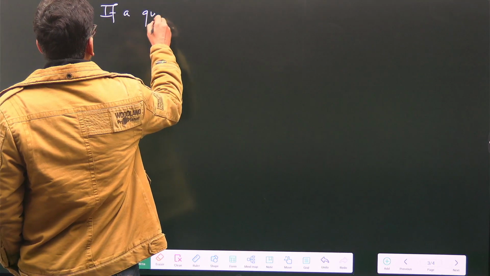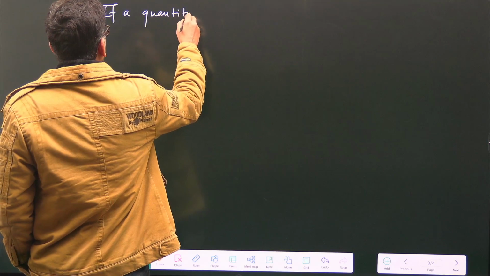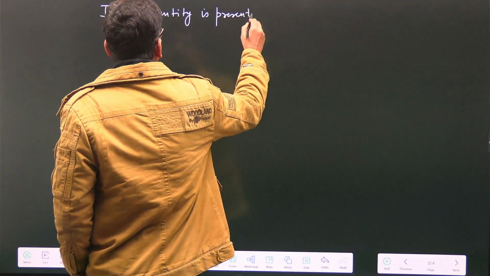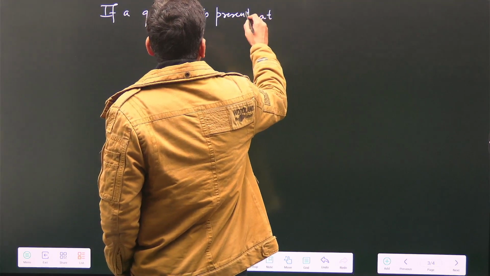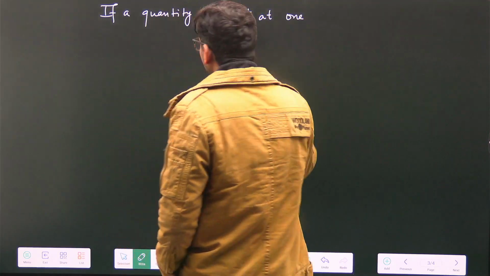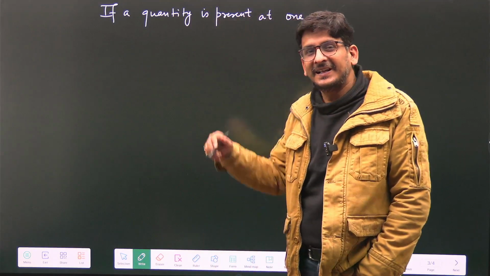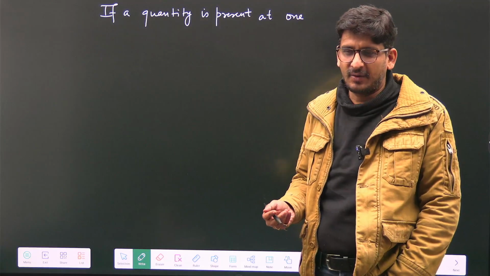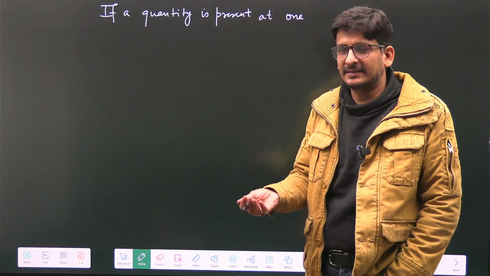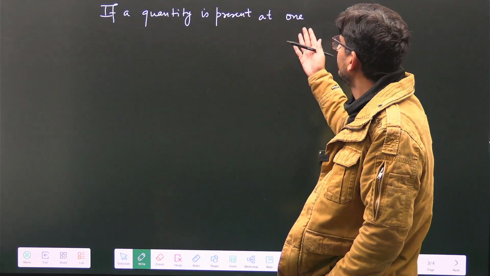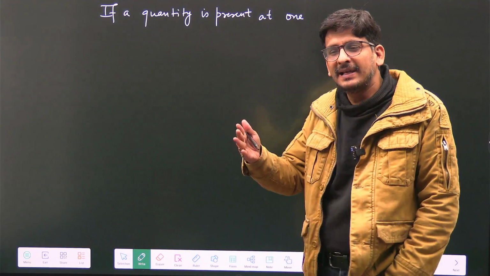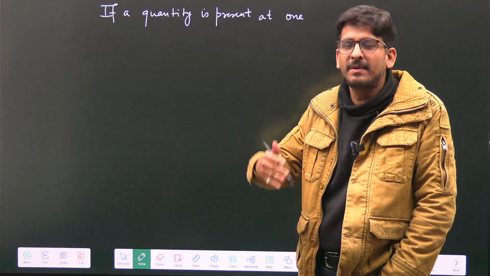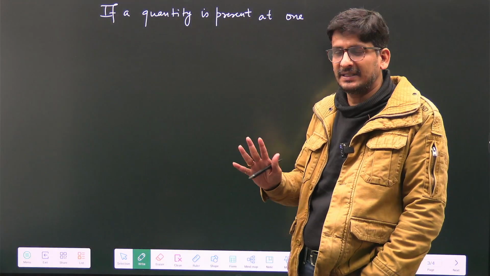It is not necessary that it is position. It may be in time also, or it may be momentum, any other quantity in any space. ये बात सब लोग ध्यान रखना.